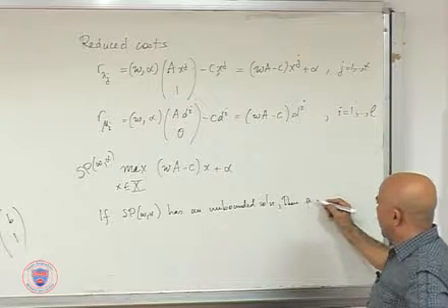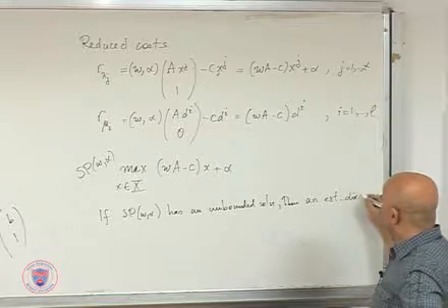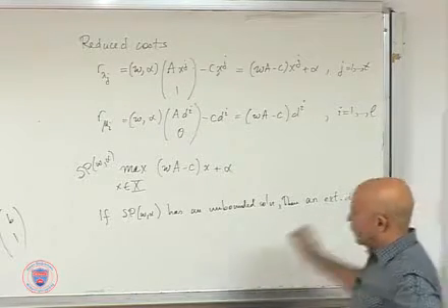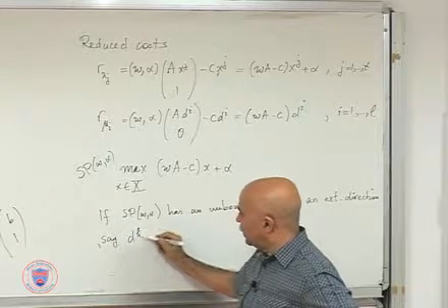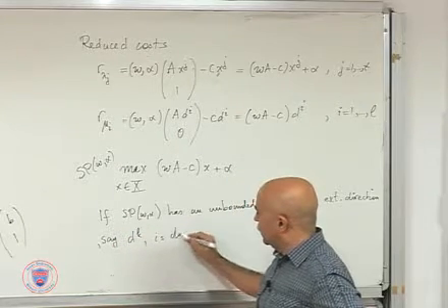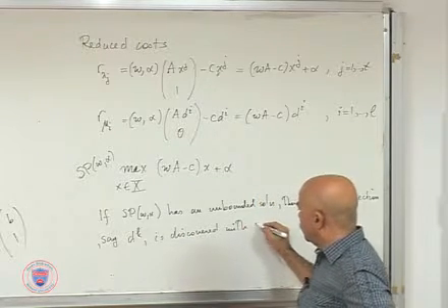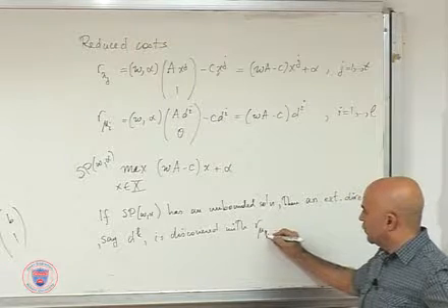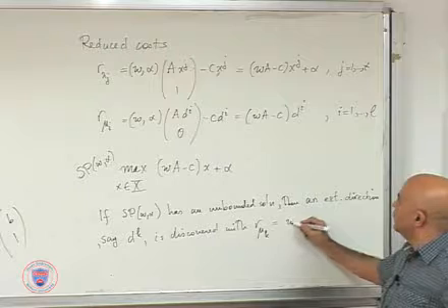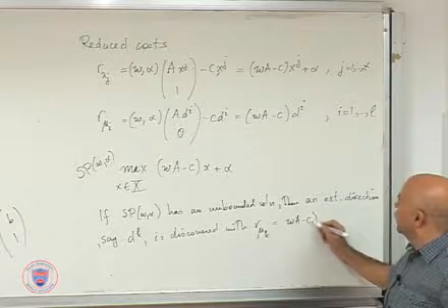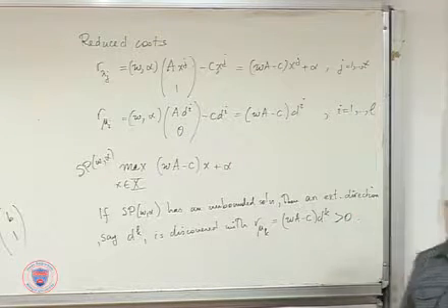Then an extreme direction, say d_k, is discovered with reduced cost r mu k, defined by wa minus c times d_k, which happens to price out as positive.